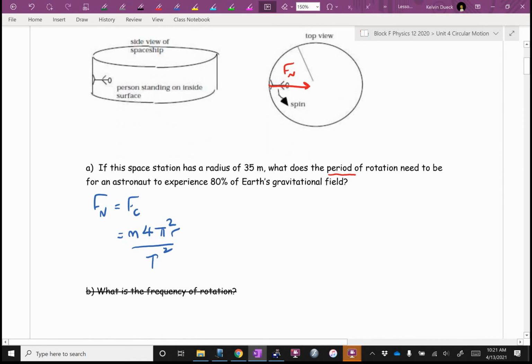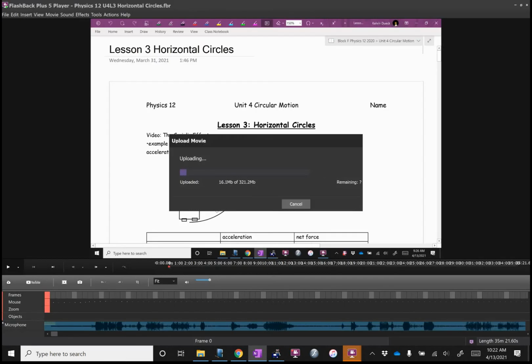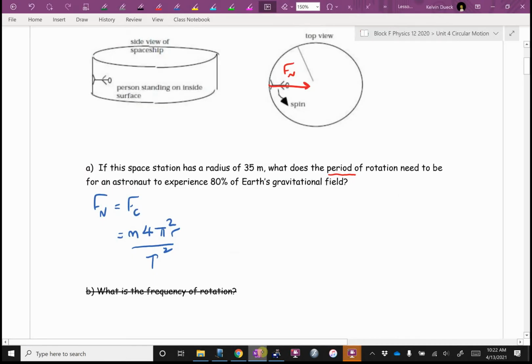I don't know the normal force. And I can't say I know another force the same size as the normal force. Or can I? How big do we want the normal force to be according to part A? Say that again out loud. 80% of G. 0.8 mg. There, 80% of gravity.